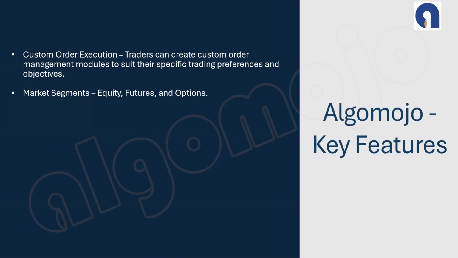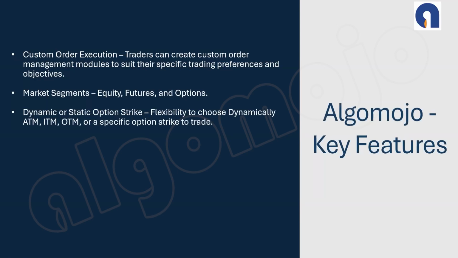In terms of options, you have the flexibility to choose the strike price dynamically. Depending on when the signal comes, we look at the spot price in the indices and accordingly pick up the strike price that you have set up in the platform and place orders as per your requirement.